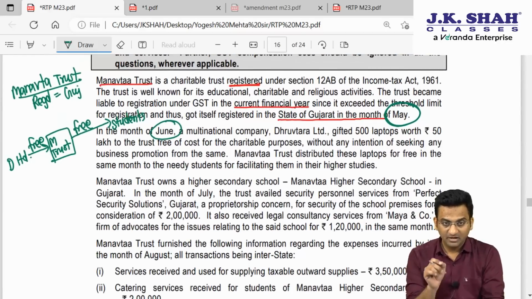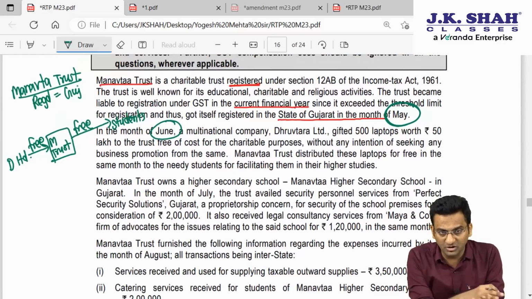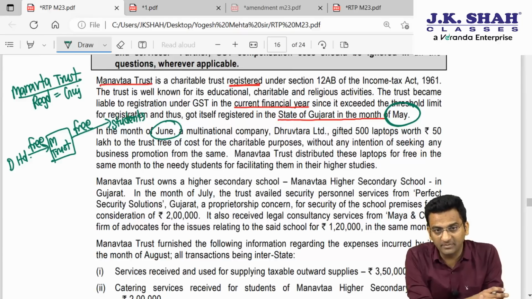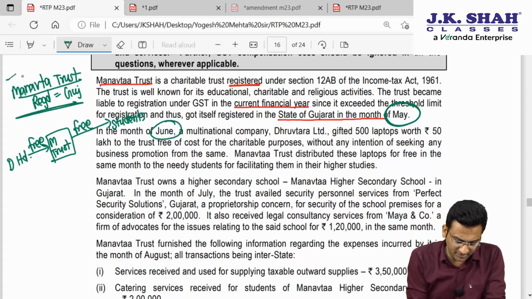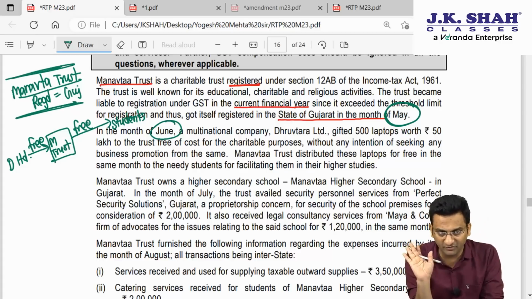Correct, friends? Whenever you are solving MCQ based questions, case study based MCQ questions, you have to check in each paragraph what information is given. In the first paragraph it is written that the Manavta Trust is a registered person in the state of Gujarat.